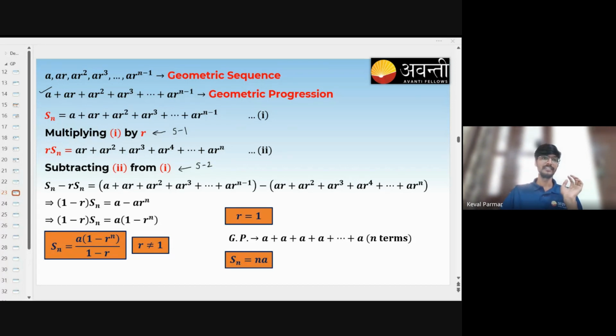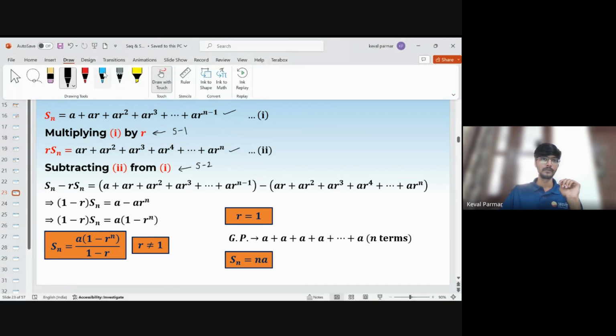So here, equation 1 isko mark kiya. Then we multiplied by the common ratio, which is r. So we got equation 2. And then we subtracted. If I subtract 1 minus 2, on the LHS I'll get Sn minus rSn.